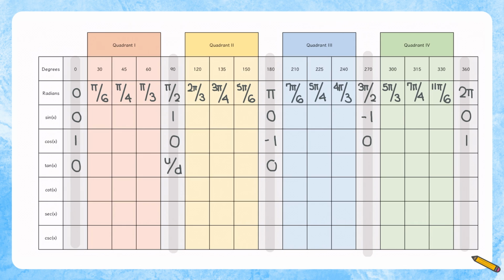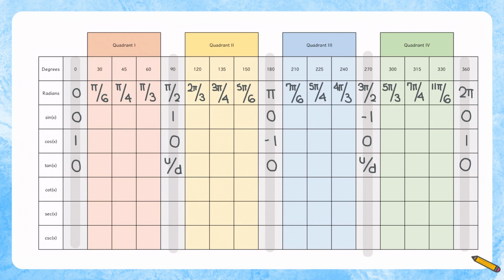Tangent of 180 degrees is 0. Tangent of 270 degrees is undefined. And tangent of 360 degrees is 0. So we figured out the sine, cosine, and tangent values for these quadrantal angles.